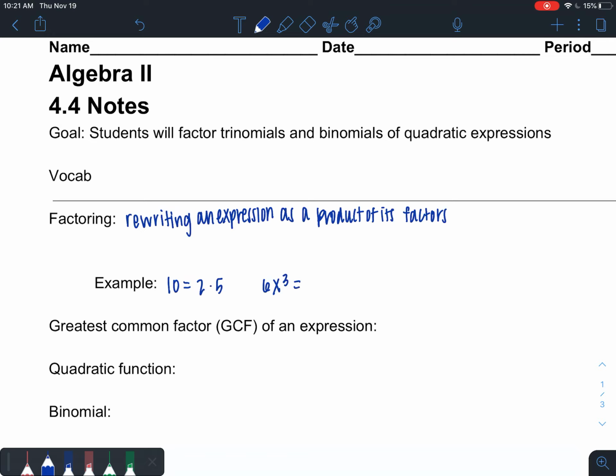You've got 6x to the third, that's 2 times 3 times x times x times x. And then we'll get to doing this, but x squared plus 2x plus 1 is factored as x plus 1 times x plus 1.